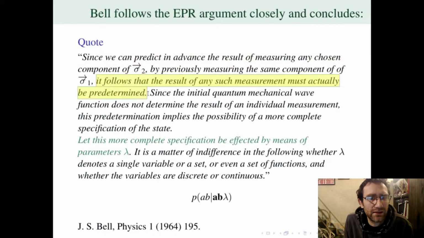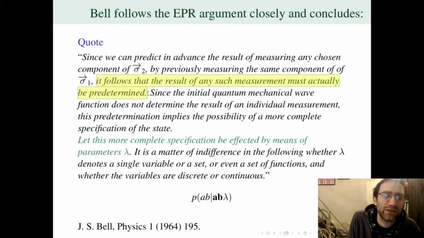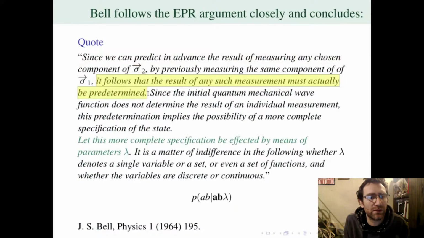Since the initial quantum mechanical wave function does not determine the result of an individual measurement, this predetermination implies the possibility of a more complete specification of the state. He says, let this more complete specification be effected by means of parameters lambda. Lambda will be called hidden variables. These are parameters that we cannot access in the laboratory and cannot control, but nevertheless they are responsible for the things we observe and the correlations.